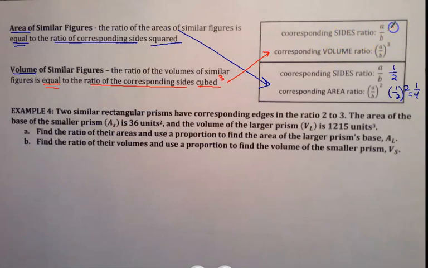So if our ratio is 1/2, then for our volume, it's going to be 1/2 cubed, which means 1/2 times 1/2 times 1/2. 1 times 1 times 1 is 1. 2 times 2 is 4 times 2 is 8. So the volume is 1 over 8.